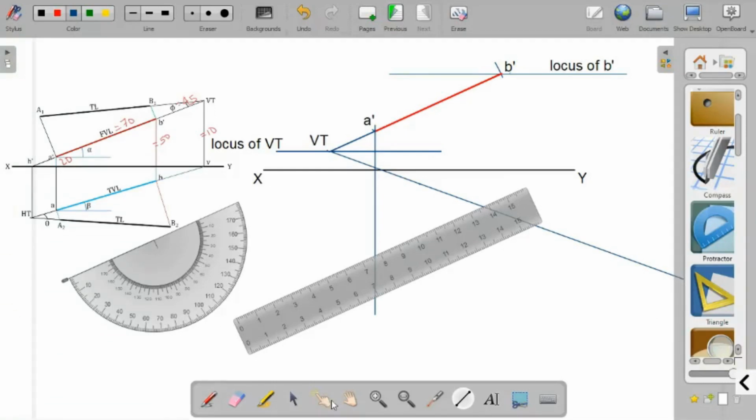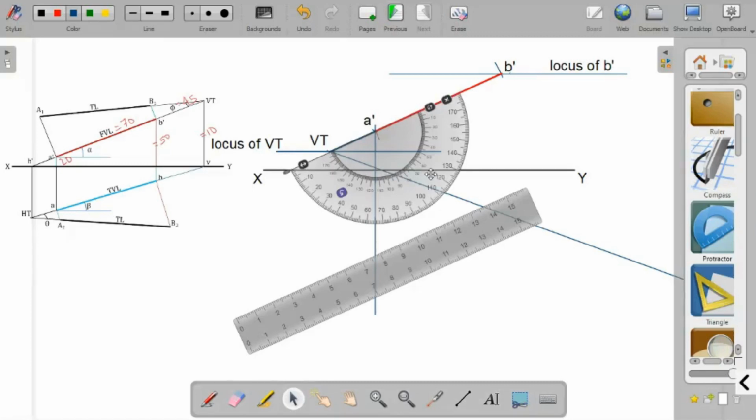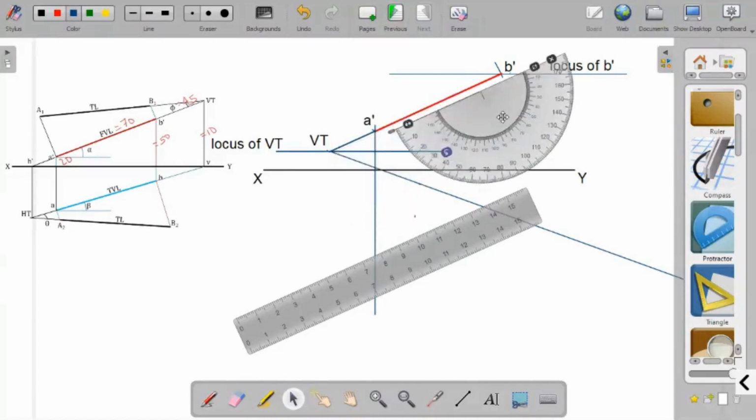Now with the A dash, draw a perpendicular. And with the B dash also draw a perpendicular.